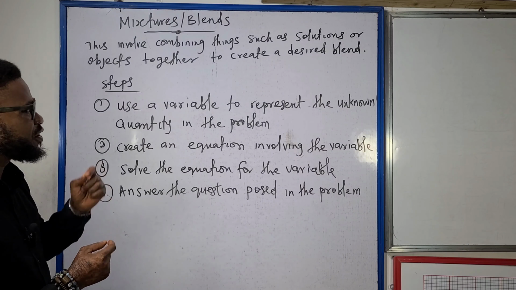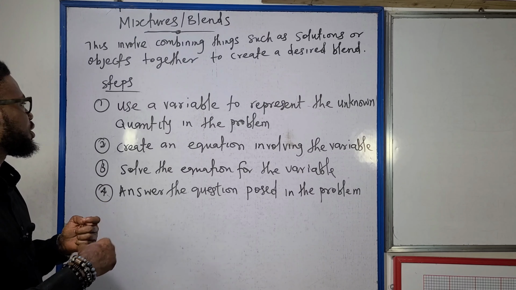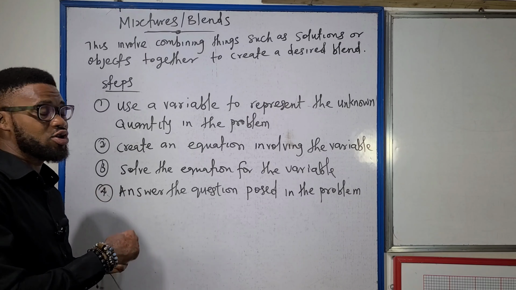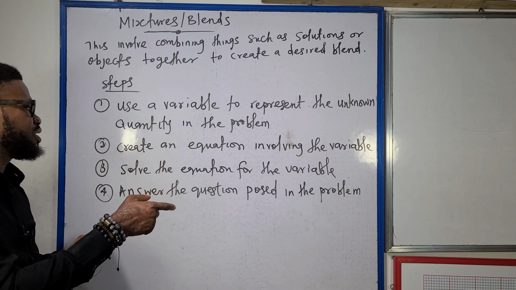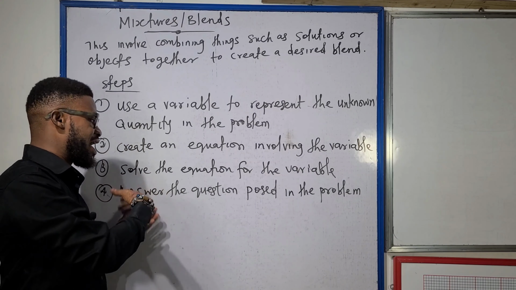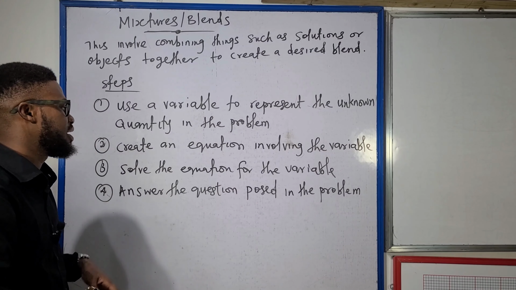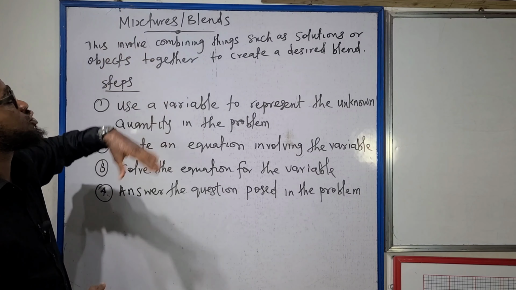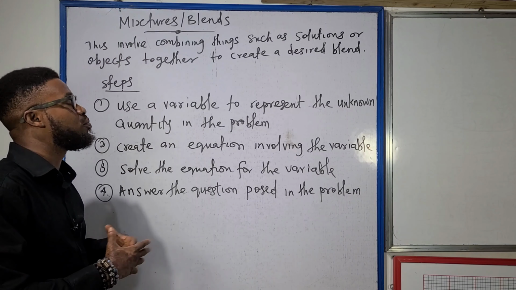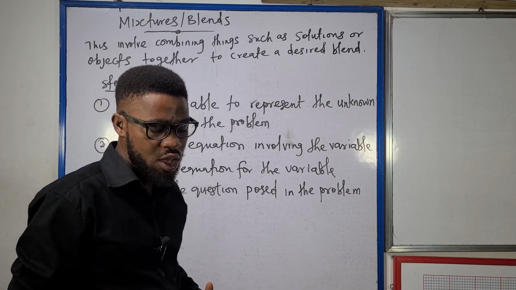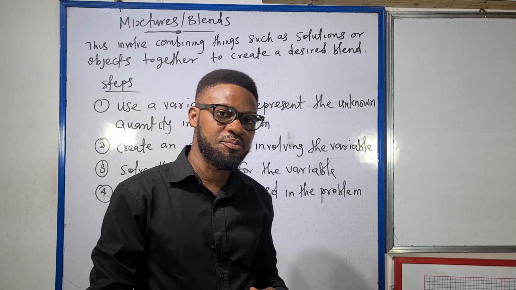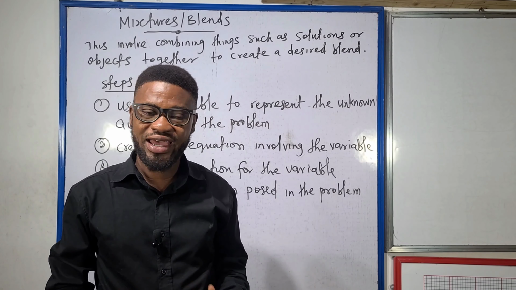We will use a variable to represent the unknown quantity in the problem. Then we are going to create an equation that contains that variable. We will solve for that variable and then answer the question posed in the problem. So these are the 4 steps we follow when we have questions that have to do with mixtures or blends in situations where what we have is not what we need. So we need to create a blend from what we have.